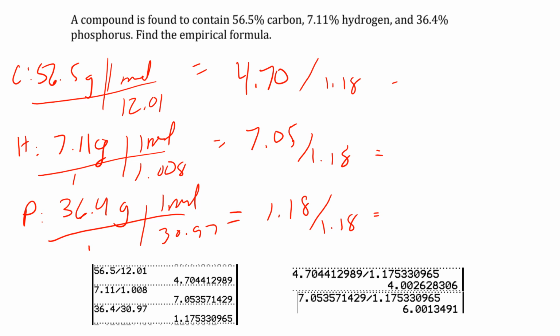So you have 1 phosphorus. 7.05 divided by 1.18 is 6. And then 4.7 divided by 1.18 is going to be 4. So our empirical formula is C4H6P.